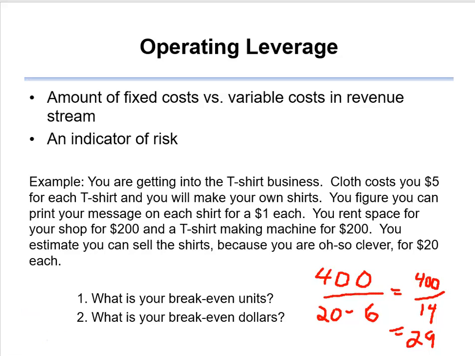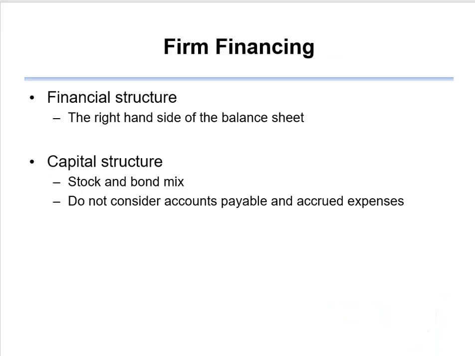All right, well, let's take a look at financing from the firm's point of view now. When we're talking about firm financing, we're talking about operating financing. Now we're talking about the firm as a whole. We're looking at the right-hand side of the balance sheet, the financial structure. We want to look at basically liabilities versus equity.